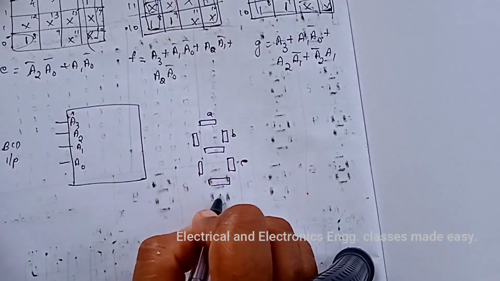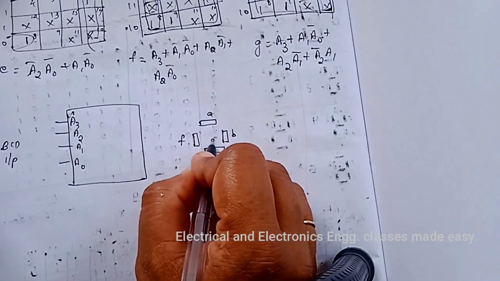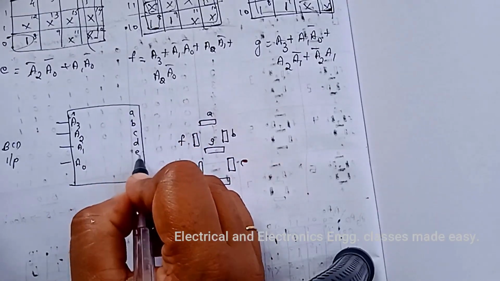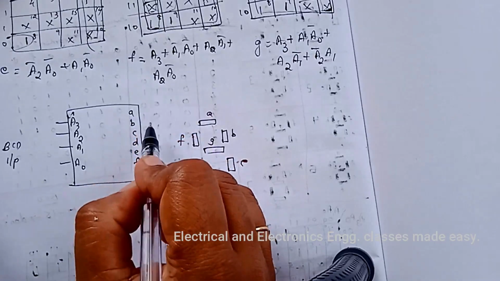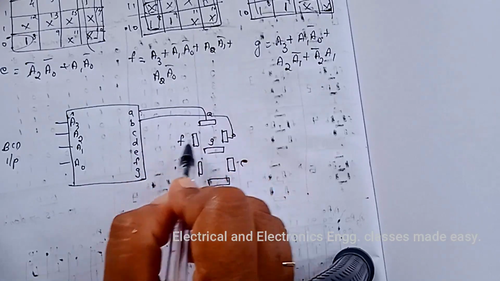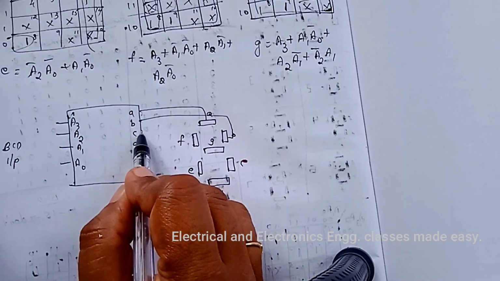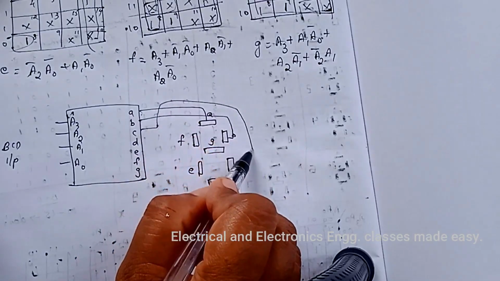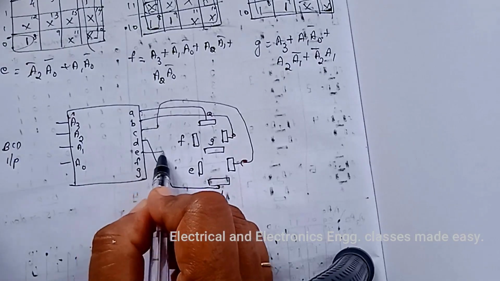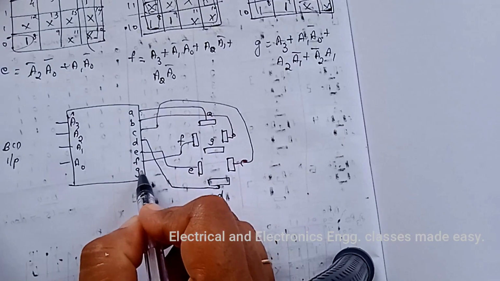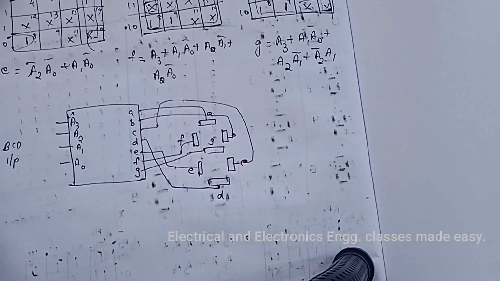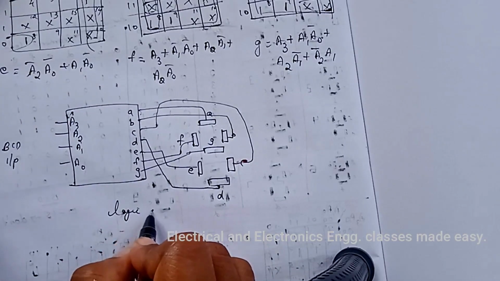Segments are A, B, C, D, E, F and G. So here we can write A, B, C, D, E, F, G. So this is the logic circuit.